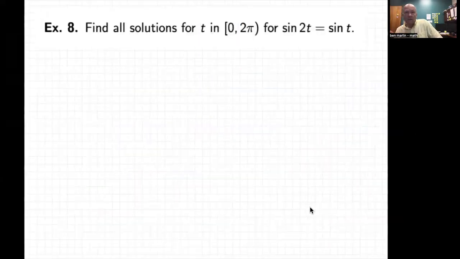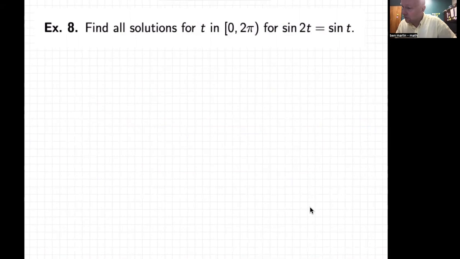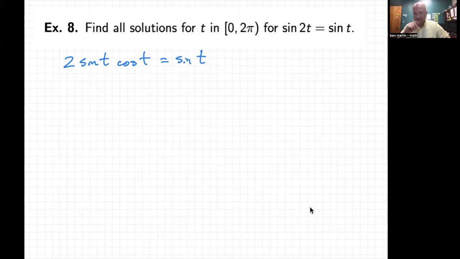Okay, similar problem. So you should try this out on your own, but it's got a little bit different trick. Okay. When you replace sine 2t, you'll get 2 sine t cosine t equals sine t.